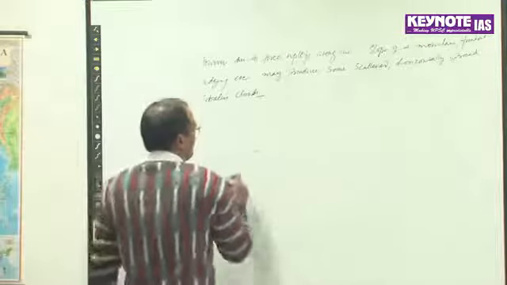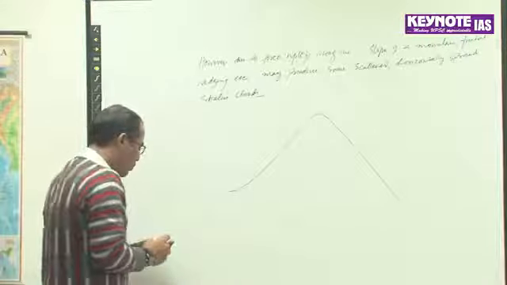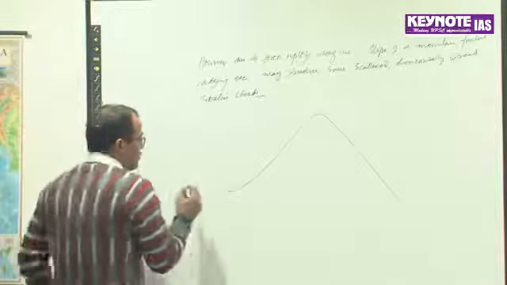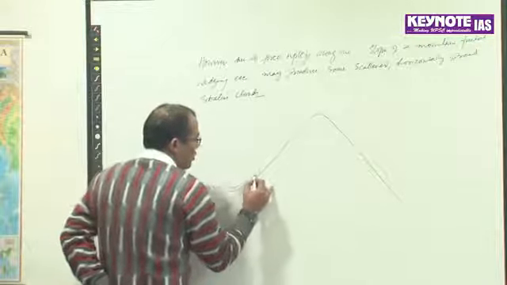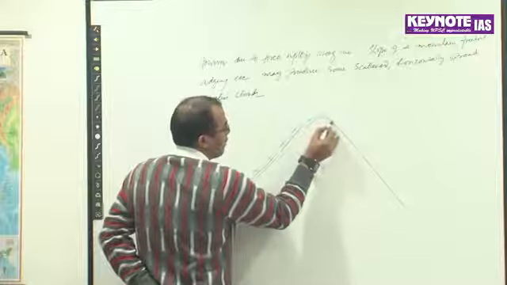Now, what will happen? Even along the mountain, suppose the wind is forced to rise along the slope of the mountain because it is coming from a higher area. It will immediately sink here.